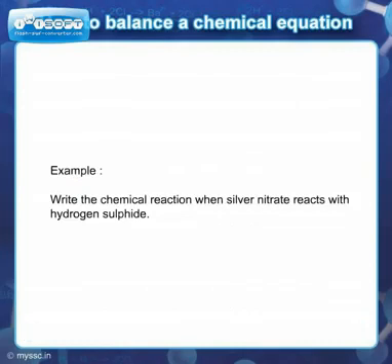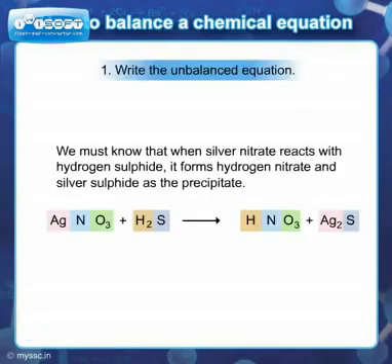Write the chemical reaction when silver nitrate reacts with hydrogen sulfide. Step 1. Write the unbalanced equation. We must know that when silver nitrate reacts with hydrogen sulfide, it forms hydrogen nitrate and silver sulfide as the precipitate.